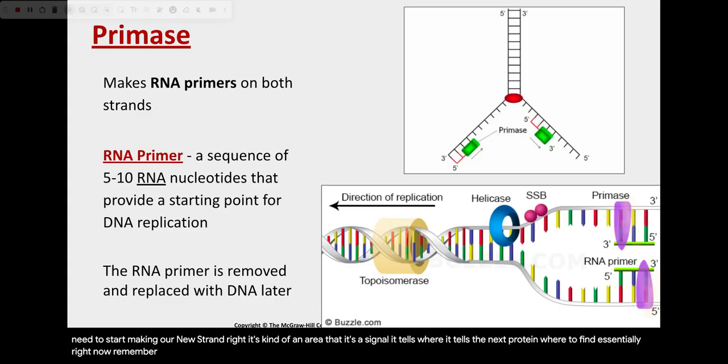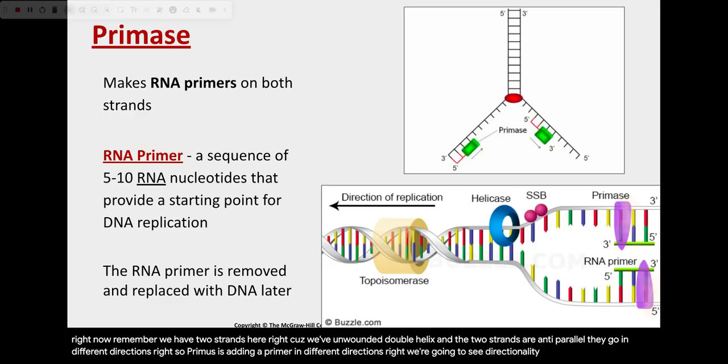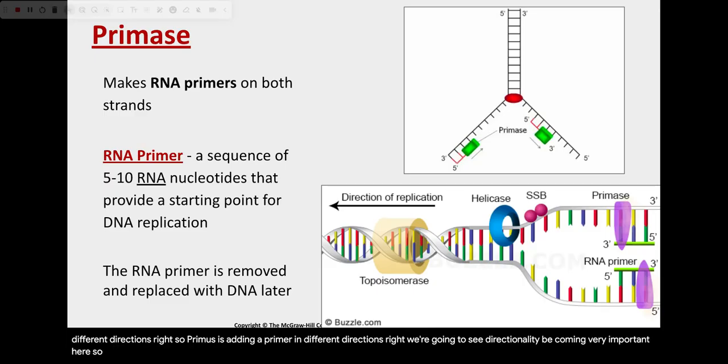Right? Now remember, we have two strands here, right? Because we've unwound a double helix. And the two strands are anti-parallel. They go in different directions. Right? So primase is adding a primer in different directions. Right? We're going to see directionality becoming very important here. So primase can only read 3 to 5.